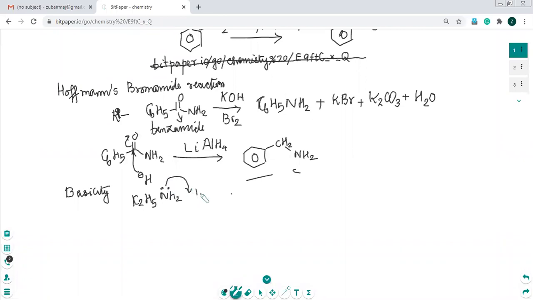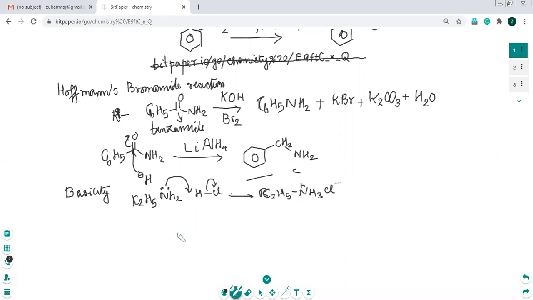So if you react this with HCl, the lone pair of electrons will abstract this proton and will form C2H5NH3+ Cl minus.